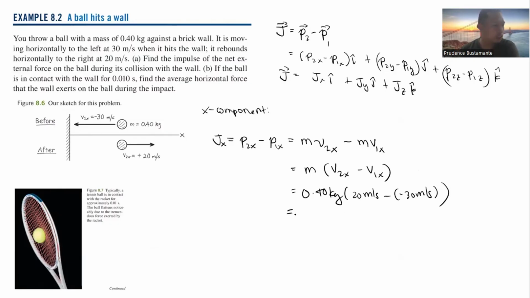So what is the impulse? Let's do the calculation together. 0.40 times 20 minus negative 30 gives us 20. Since impulse is force times the time interval, the unit is newton-seconds, or kilogram meters per second.